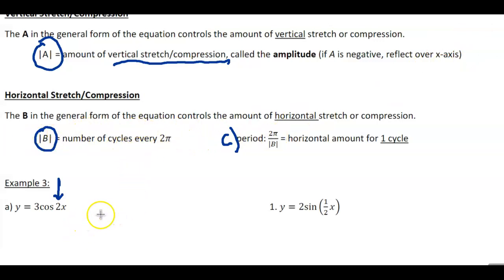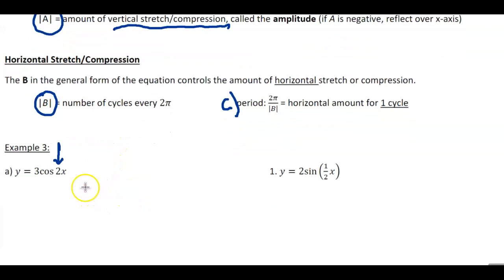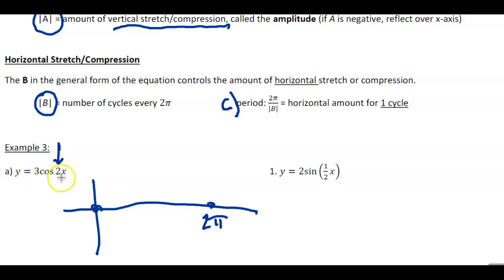This one just says for any graph, like the one we did yesterday, this value 2 just means by the time we get to 2 pi, I'm going to go through the cosine graph twice, which means I have to get through the first one by the time I get to pi, and then repeat cosine again, and I'll get to 2 pi.